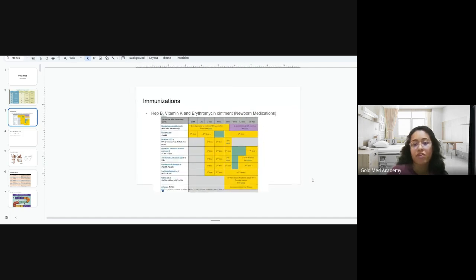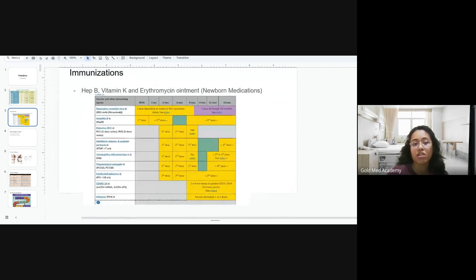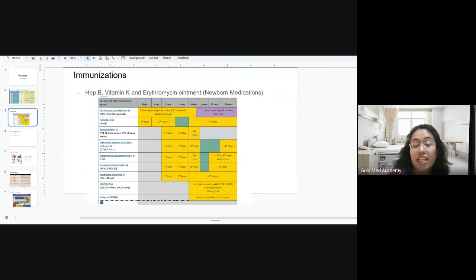Okay, here we have immunization. So the newborn immunizations they're going to be receiving are primarily what I call the triad or the trifecta here, which is going to be the hepatitis B vaccination, the vitamin K injection, and an erythromycin ointment. Remember that newborns tend to have more immature organ functioning, so it does take some time for the organs to start functioning at a regular pace.